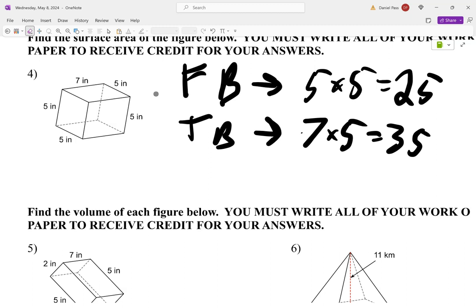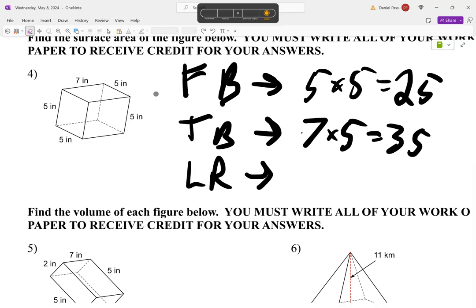And then what's left? I do left and right, which is also 7 times 5. For me, that was the front and back, the way I looked at it. Did anybody else look at it my way? One person. Okay, 7 times 5, we get 35.